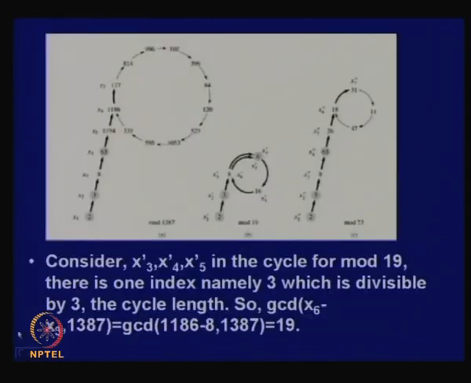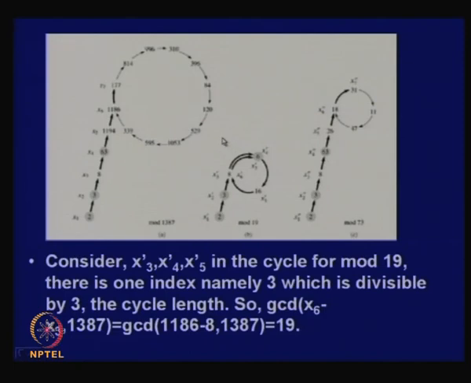Now this is the previous case, where the number was 1387. If you just consider these numbers like x3', x4', x5', and observe this cycle modulo 19, maybe it is not so visible, but modulo 19 is a smaller cycle.